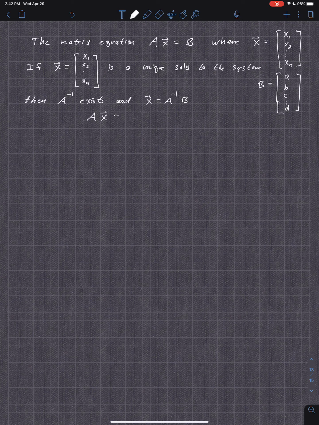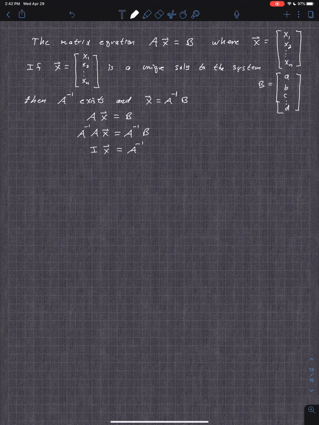You have AX equal to B. Then if we multiply on the left by A inverse, you get this form. You get A inverse A x equal to A inverse B. A inverse A is the identity matrix.